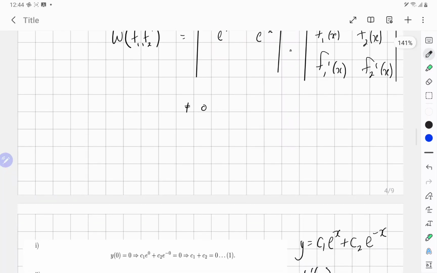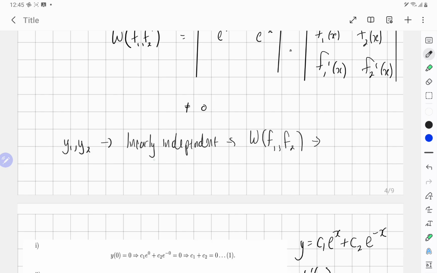So let's just recap: in a second order differential equation, y1 and y2 must be linearly independent. And how do we check linear independence? We will check the Wronskian.